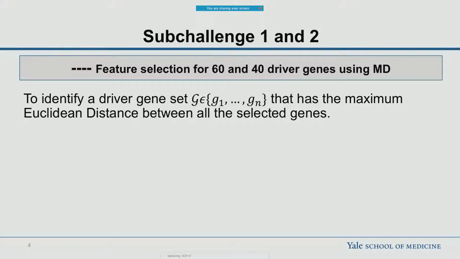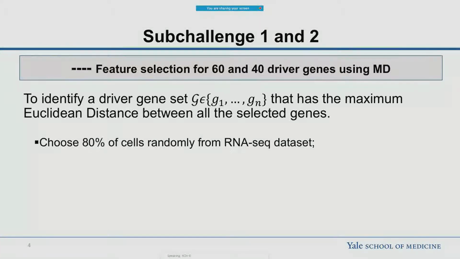We extract 84 gene expression data from the normalized version of the single-cell RNA-seq data. First, we choose 80% of cells randomly. There are about 1,200 cells in the single-cell RNA-seq data, and we choose about 1,000 cells each time to avoid overfitting.